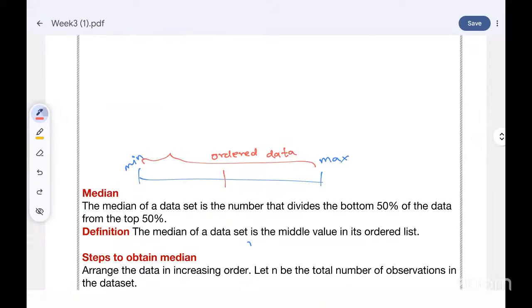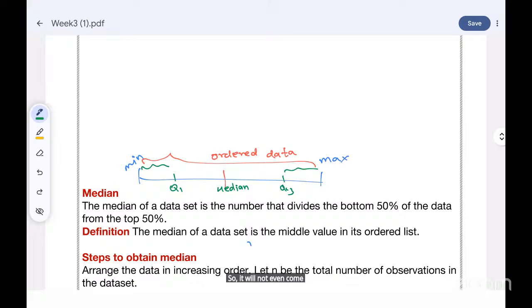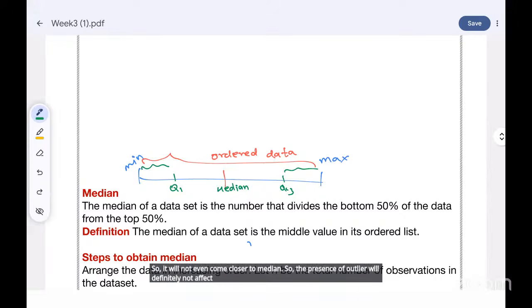We have not yet defined what these other values are; later on, you will learn. Your outliers are going to be somewhere here or here, so they will not even come close to the median. The presence of an outlier will not affect the median at all. That's why median is more robust to outliers.